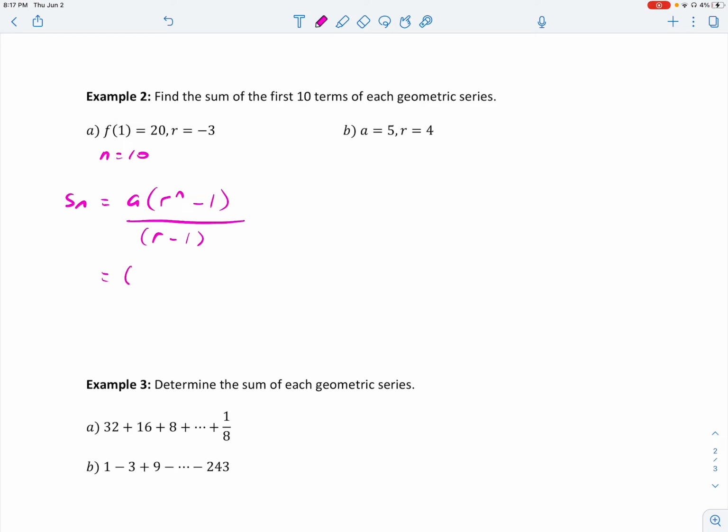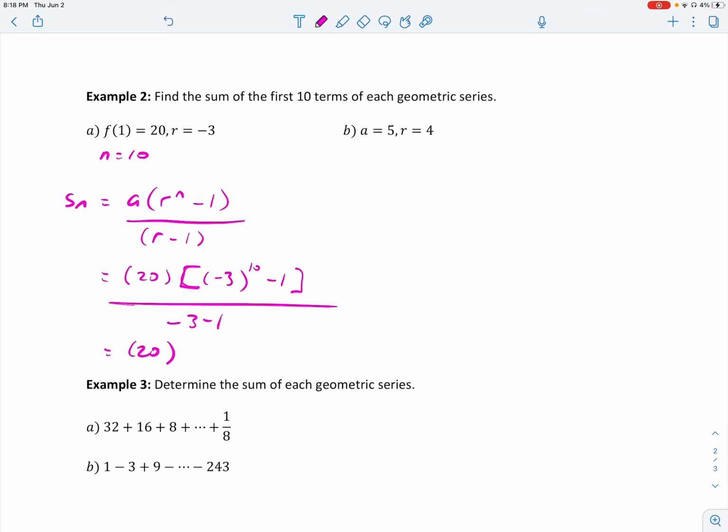Our first term is 20. Common ratio is negative 3. So I'm going to put another set of brackets there, and I'm going to write negative 3 to the exponent 10. And then we have negative 3 minus 1 on the bottom. So this is going to be 20 times negative 3 to the 10 and then minus 1.